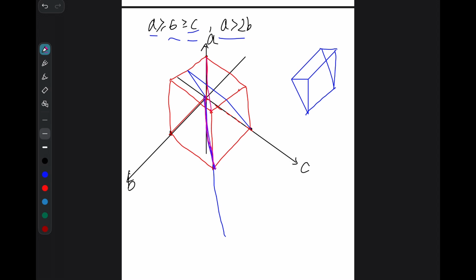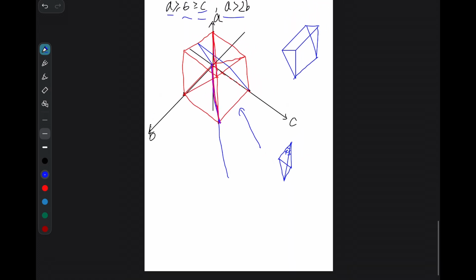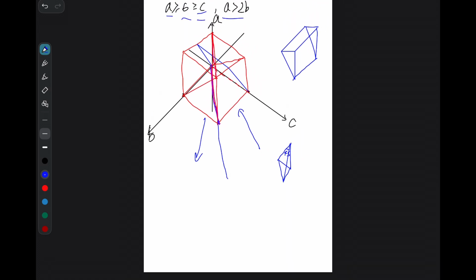And then lastly, A is bigger or equal to C. There would be something like this that's cutting it. Now this doesn't matter at all because this pink line here already cut it, so there's nothing more to cut. So therefore, although this is very hard to see, I'll draw it from this perspective.